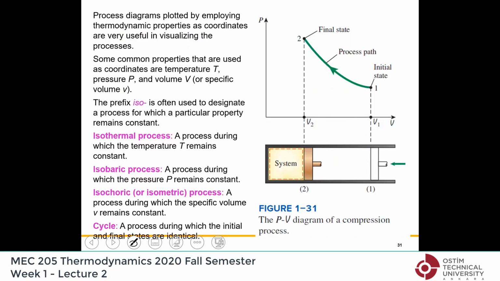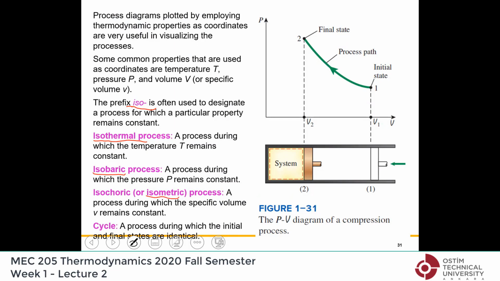And we have also special kinds of processes. Again, you remember from physics. If a property remains constant during a process, we use the prefix iso. For example, isothermal process means the temperature remains constant during a process. Isobaric means the pressure remains constant during a process.